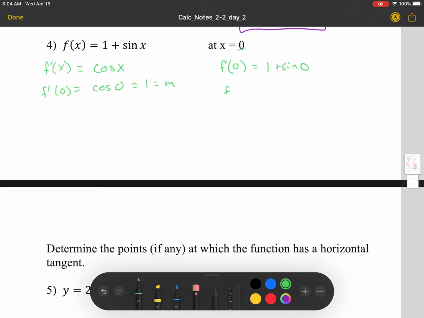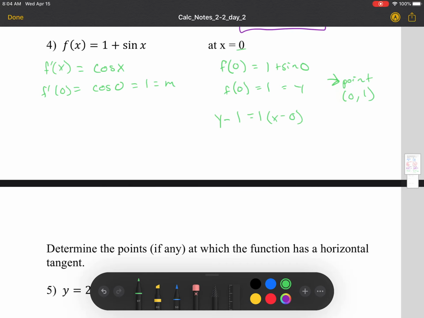Remember, this is just f of 0. So we're going to do 1 plus sine of 0 right here. We know that equals 1, which is what our y is going to be. So it's going to equal our y component. So our point is actually going to be 0, 1.